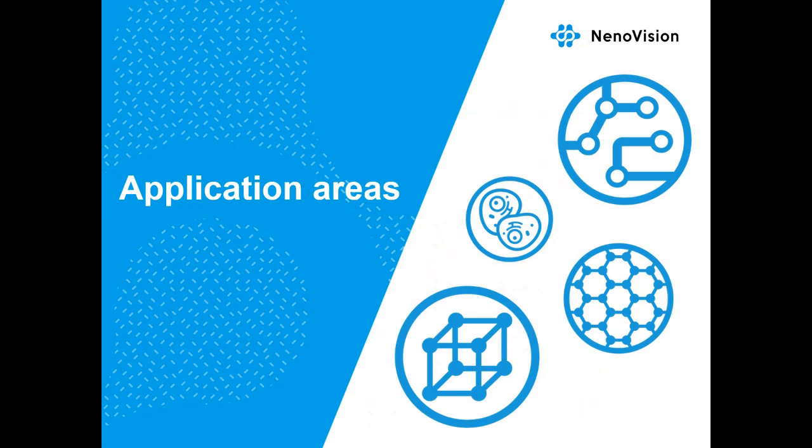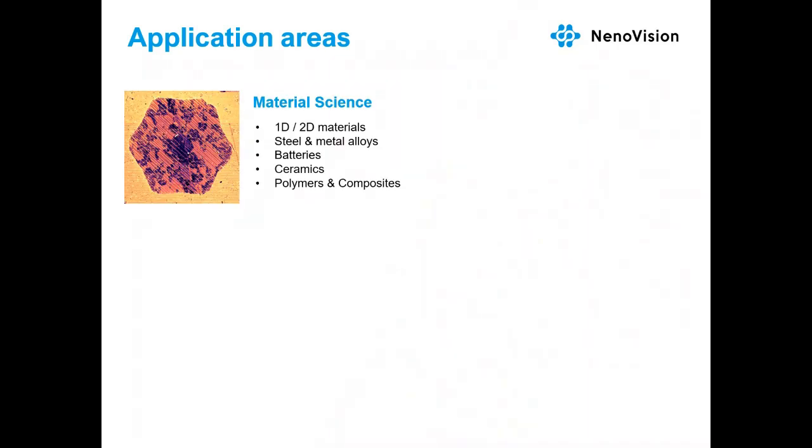So it was a brief overview about the system itself. On the web pages you have plenty more information, or just ask us. Now I will come back to the main application areas. And as I mentioned, we see mainly 4 of them.